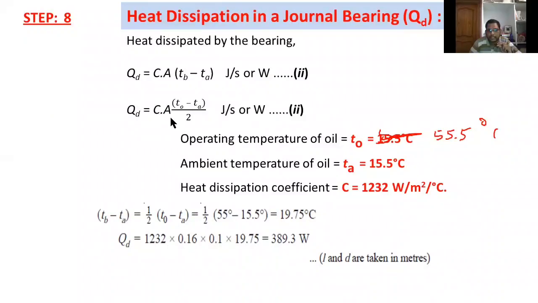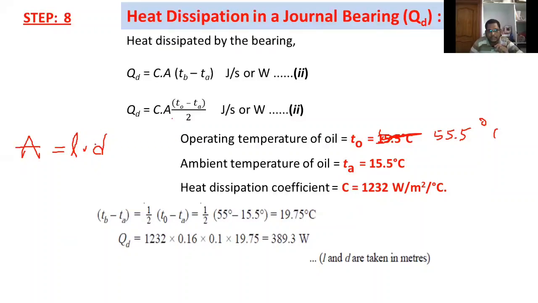Capital A is the area. Here capital A equals the length of the bearing times the diameter of the shaft. In step number 1, we got the length of the bearing, that is 160 mm, and small d is the diameter of the shaft.